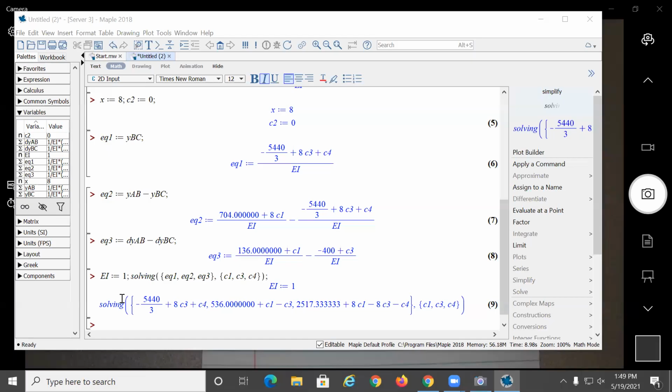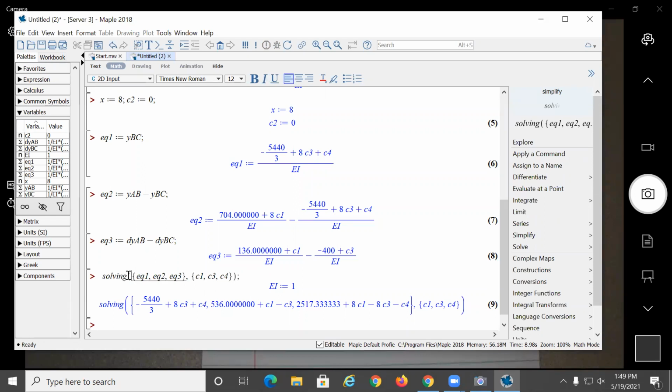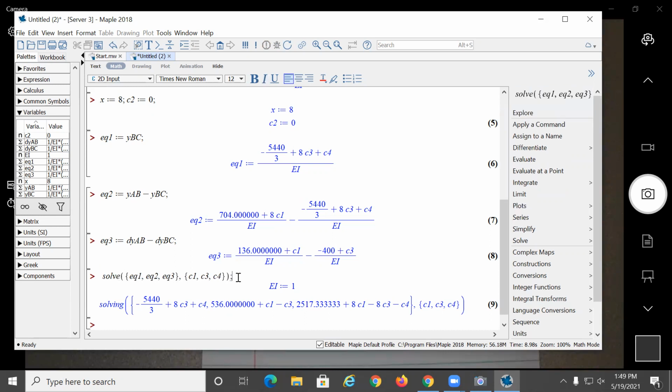Okay, so here the only thing it did was to retype what I put over here. I don't think we need this. What happened is that I think the command is not solving, but solve. Yeah, so that's probably what it is. We come over here.